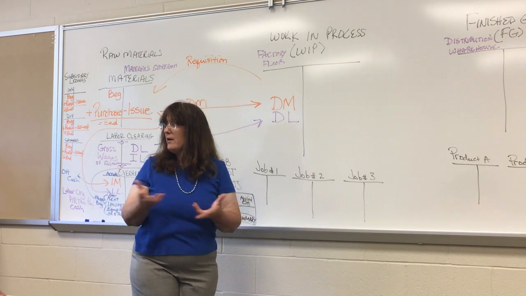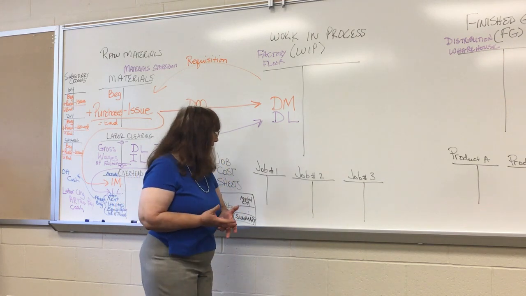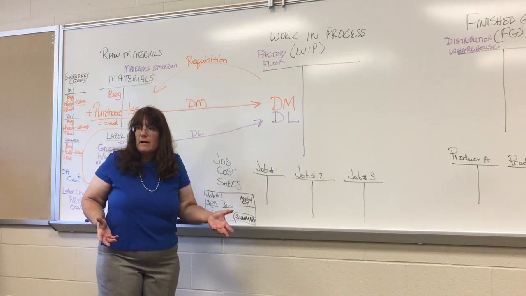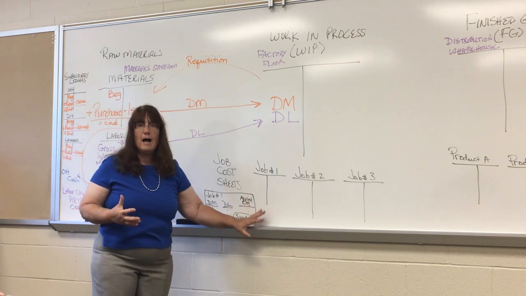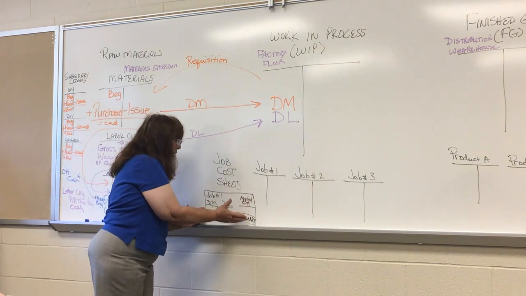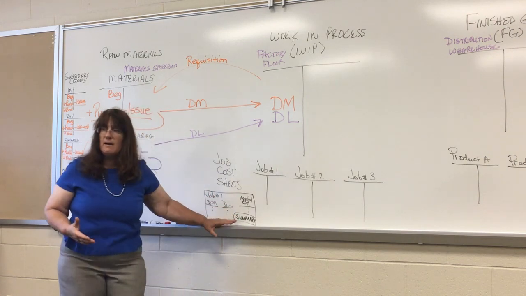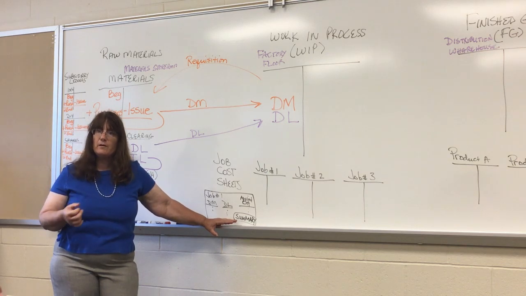Obviously, we all understand that we want to make more than whatever it cost us. Okay? So, but what did it cost us? Okay? So this is our system to figure out how much it costs us. And we're going to have this job cost sheet on that one job. We'll know at the end of it exactly how much it cost us as far as materials and labor.